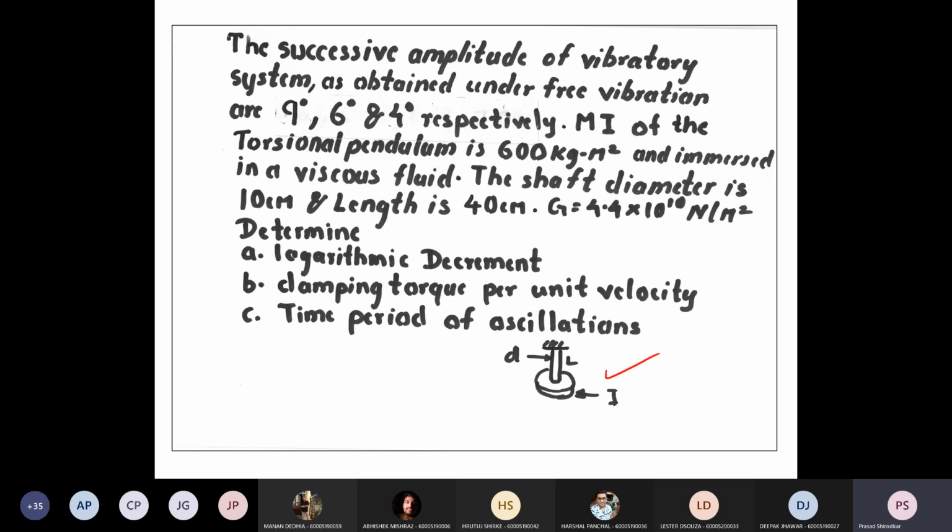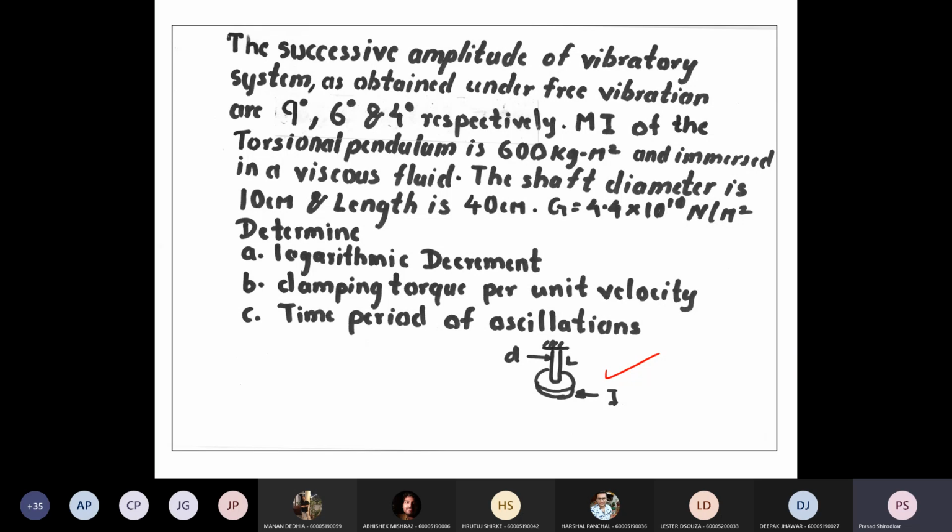A small reference diagram is drawn over here. G is the modulus of rigidity for the supporting shaft, that is 4.4 into 10 raised to 10 Newton per meter square. Find the logarithmic decrement, the damping torque per unit velocity and the time period of oscillation.